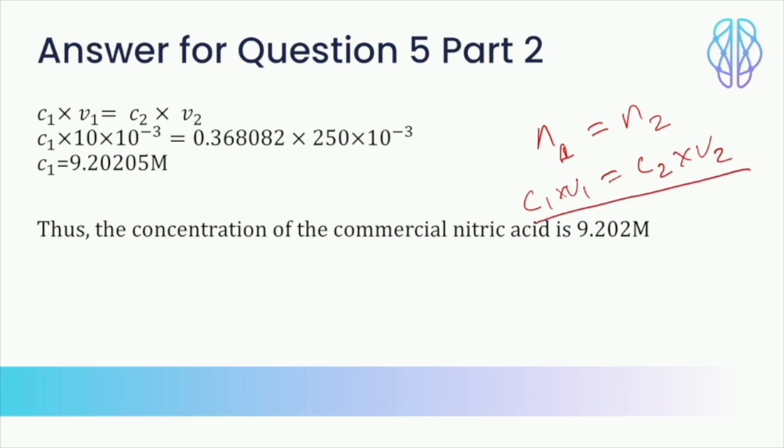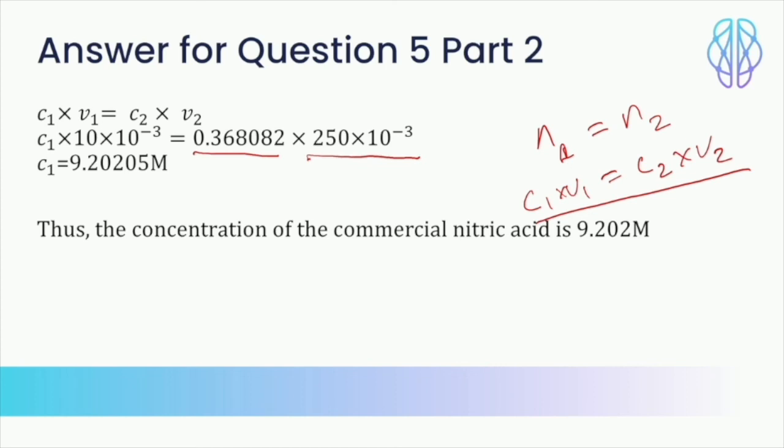So I'm going to let C1 be before the dilution. So as you can recall from the question, we took 10 milliliters, and then we took it to 250 milliliters. So that is the diluted version. So that's what we got. That was the concentration in the 20 milliliter sample, and then we multiply that by the original volume.